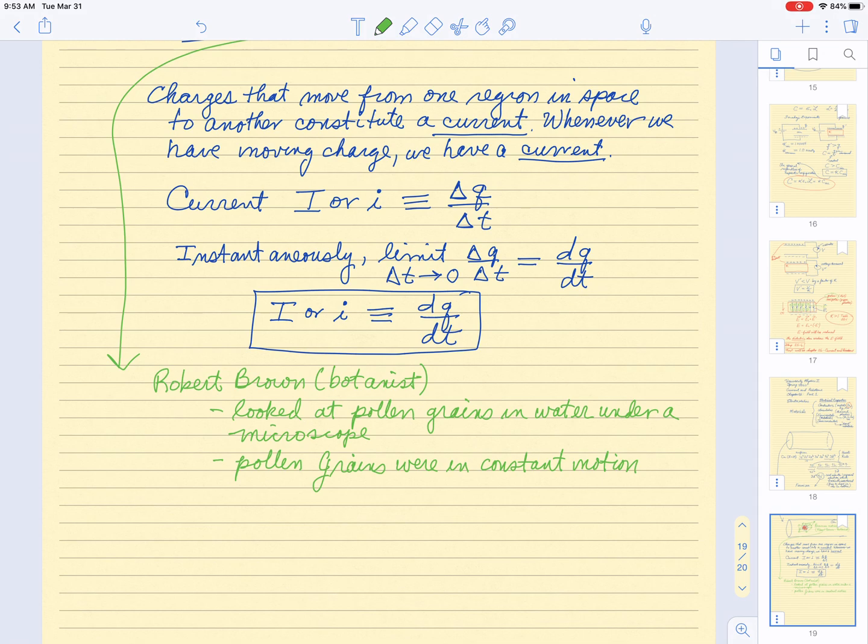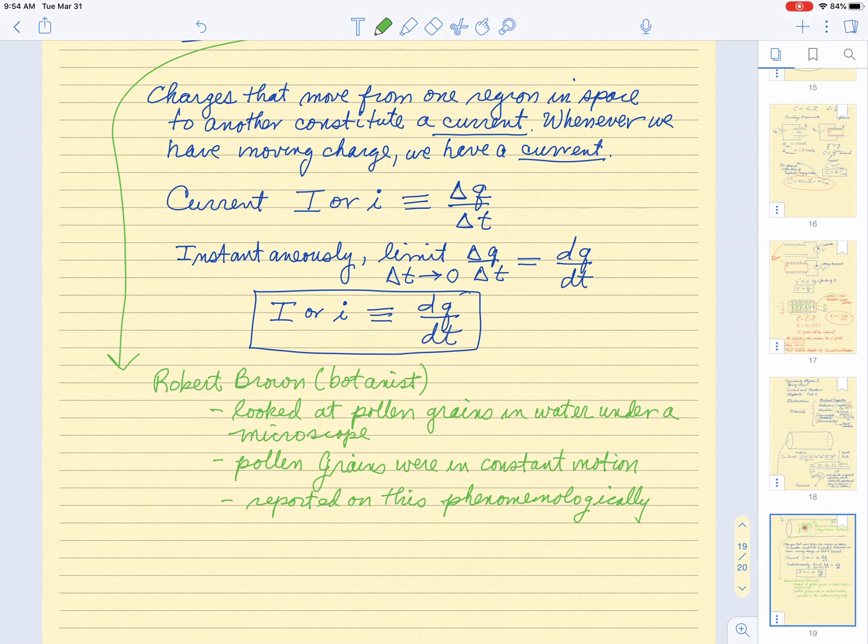And he reported on this phenomenologically, which means that he just noted that it was occurring and offered no scientific explanation.